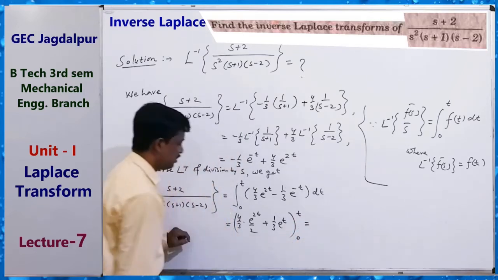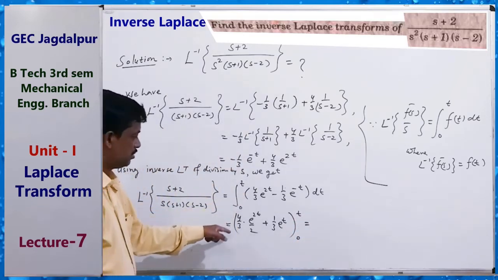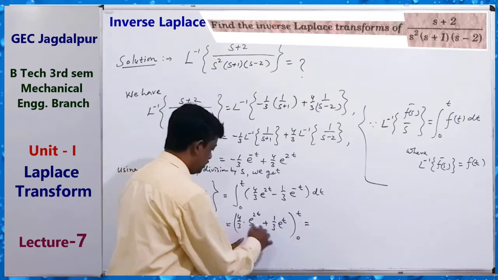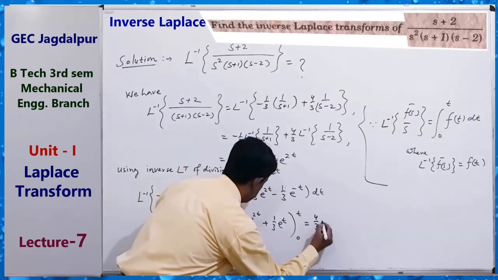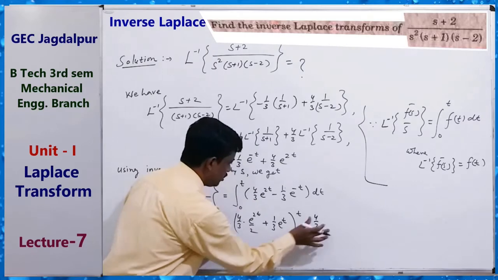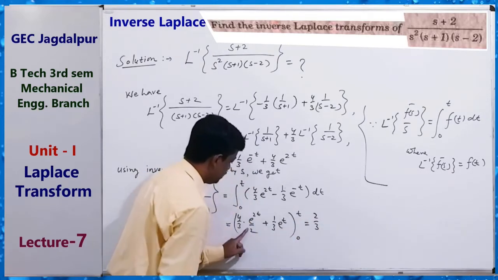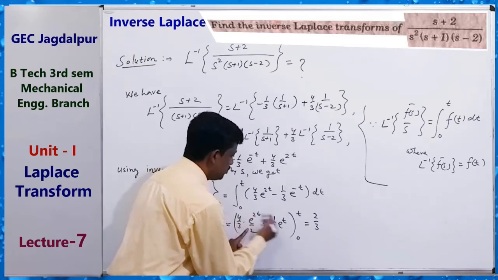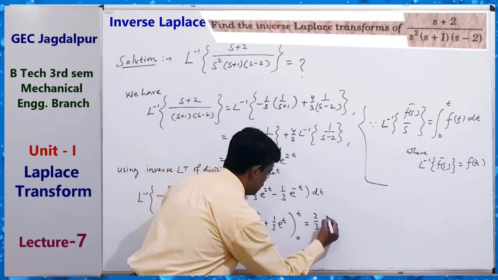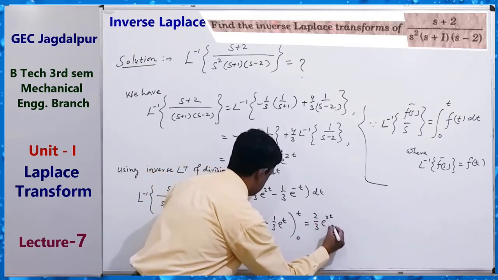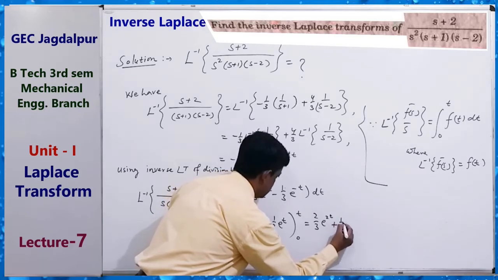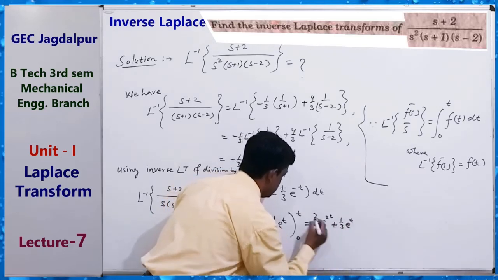At the time of t, you will get 4 by 3, 2 by 3 e to the power 2t plus 1 by 3 e to the power t.